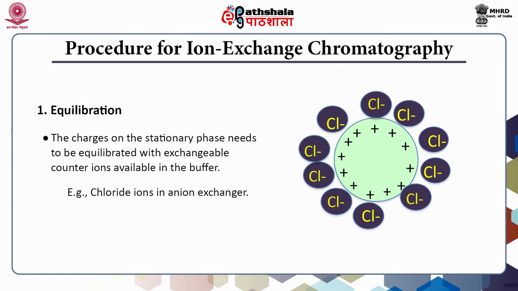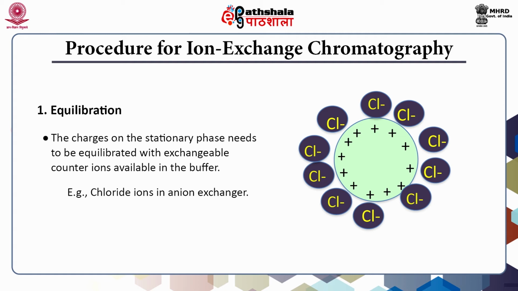Here you can see on the surface of the anion exchanger there are positively charged functional groups, and the chloride ions present in the sample buffer will be attracted to the positively charged groups. There will be an equilibration state between the positively charged and negatively charged ions.